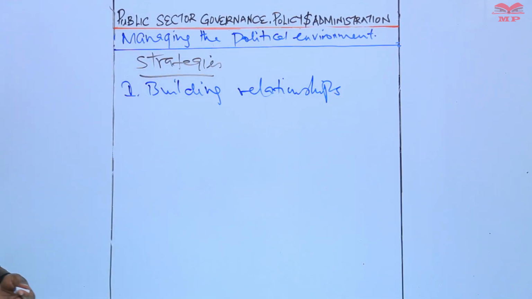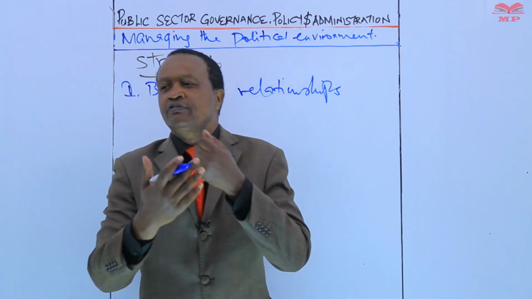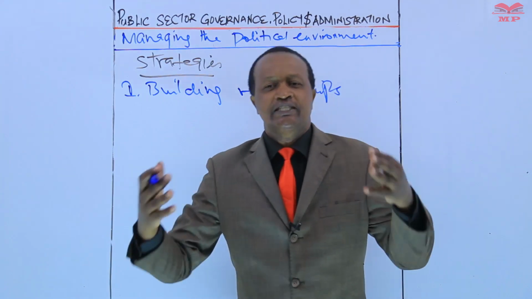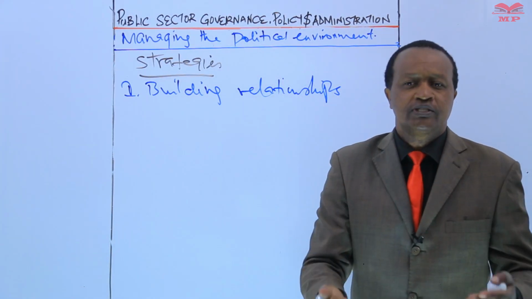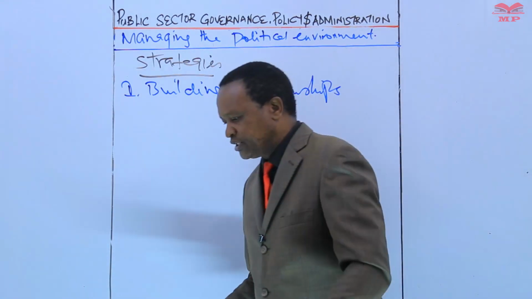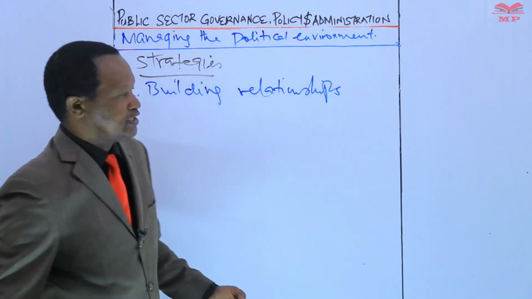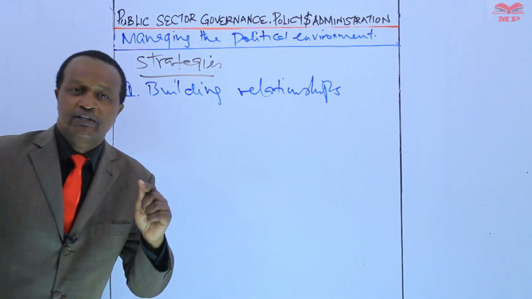Building relationships means establishing and maintaining positive relationships with key stakeholders, such as legislators, interest groups, the media, the public, community-based organizations, members of the citizenry, and so on. That is one way to manage the political environment.